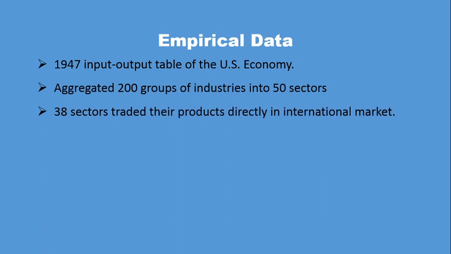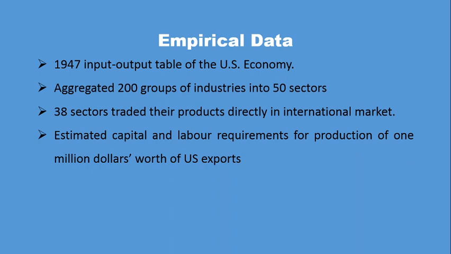He took two factors, labor and capital, and estimated the capital and labor requirements for the production of $1 million worth of US exports and also $1 million worth of US import competing commodities.